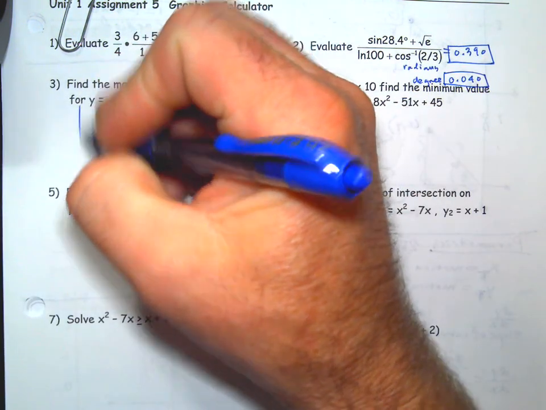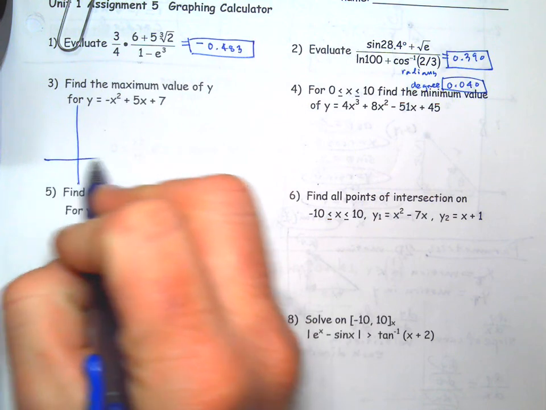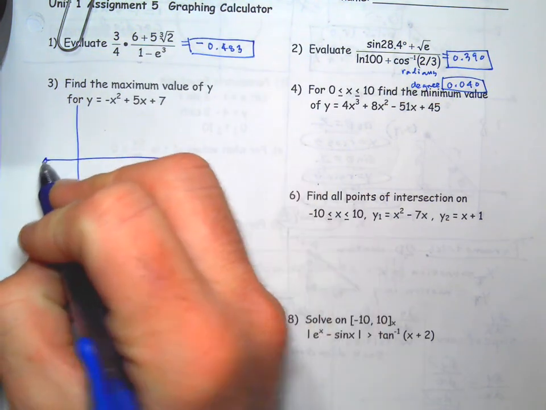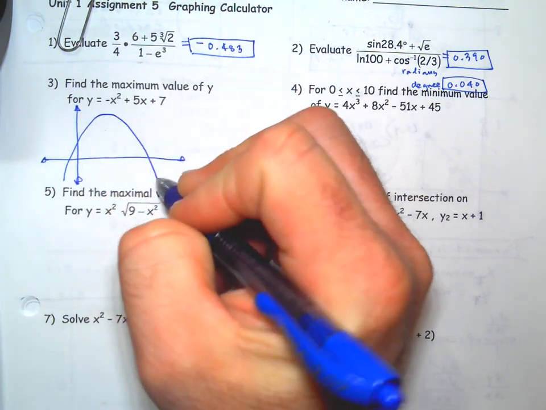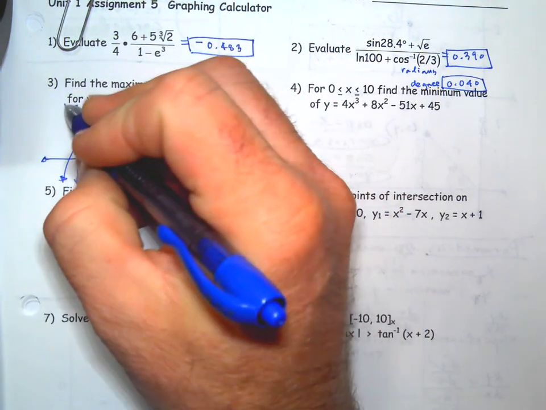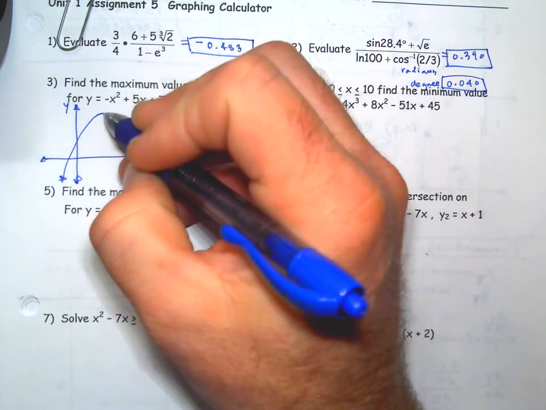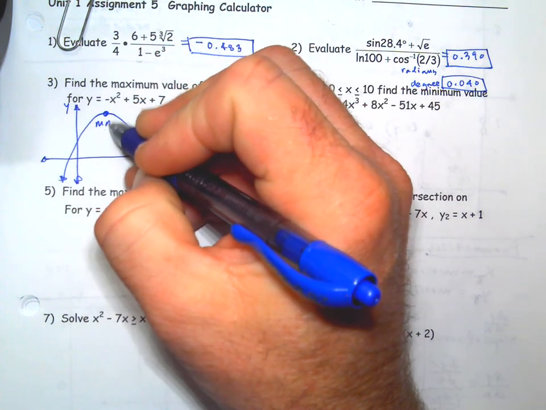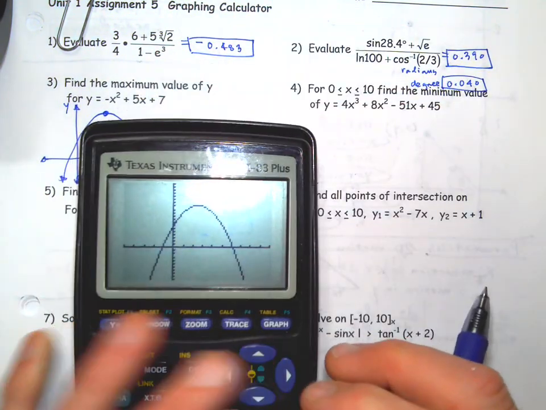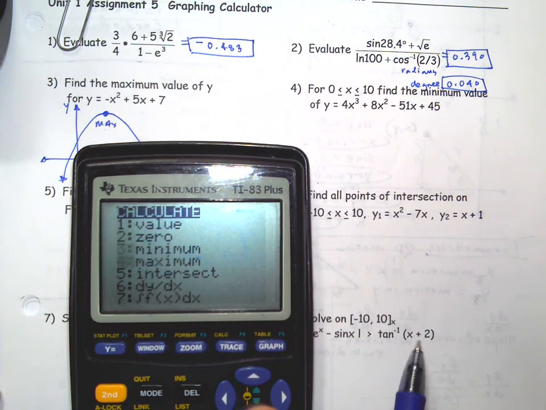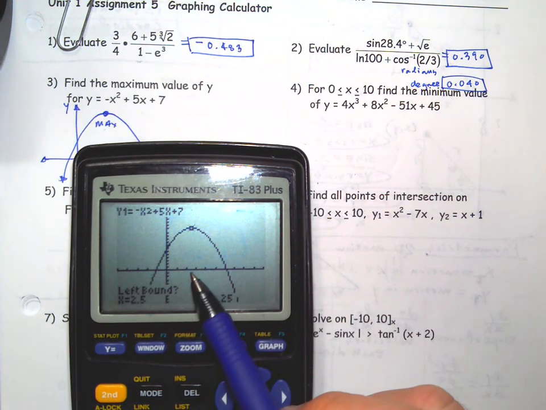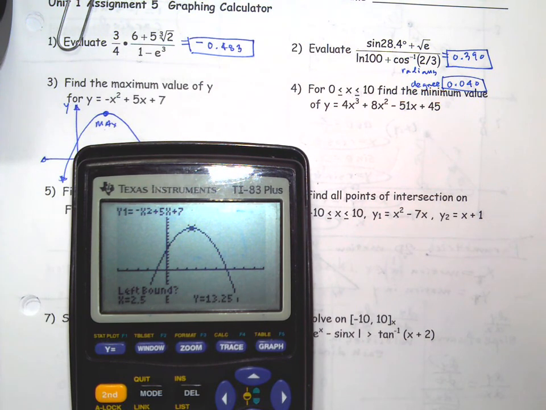So I want sketches of any graphs that you graph to help you find these answers. Doesn't have to take a lot of work. Right? This right here is your max. So we're going to let the calculator find it. It happens to also be at the vertex. Second calc, max, looks like it's around 2.5, so maybe 1 to 4, I guess 2.5.